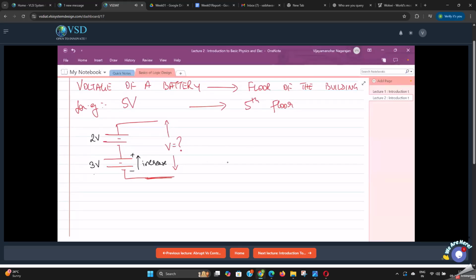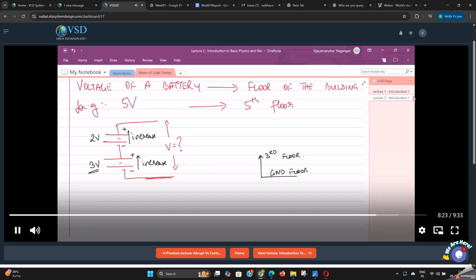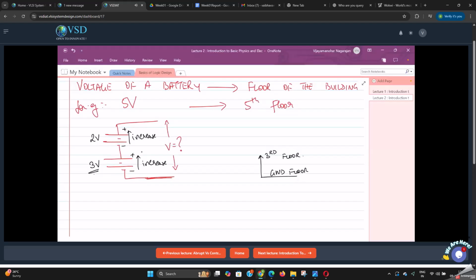So this is like you are going from ground floor to 3rd floor. This is your ground floor. You are increasing by 3 volt. That means from ground floor you went to 3rd floor. Now again you are going from minus to plus, which is an increase. I want to drag your attention here.